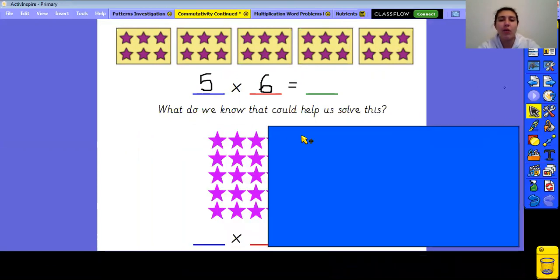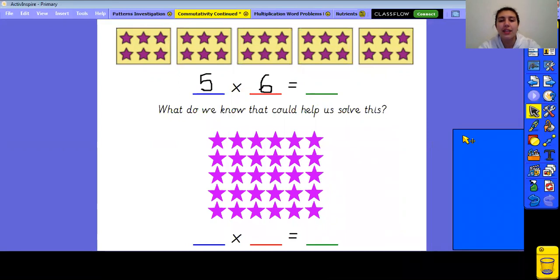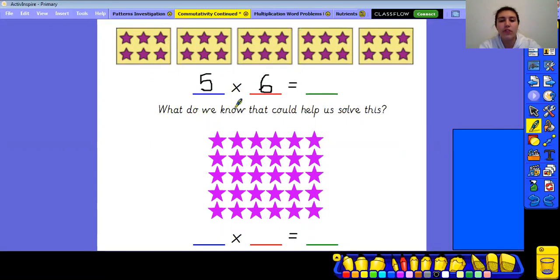Well, we know that if we put that into an array, instead of grouping it into 5 groups of 6 like this, 1 group of 6, 2 groups of 6, instead of doing it like that, we can group it going downwards instead. And I don't even need to do all of this to know what it would give me, because I know multiplication is commutative, so that means that my factors can be written the other way around as well.